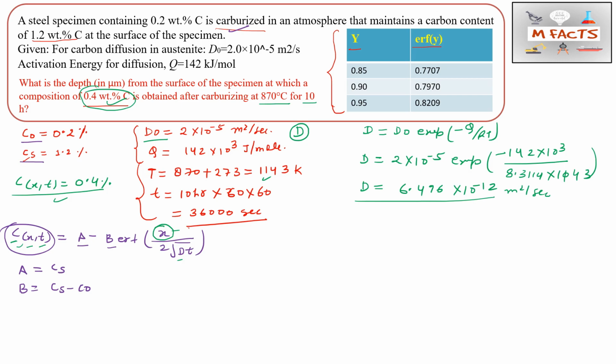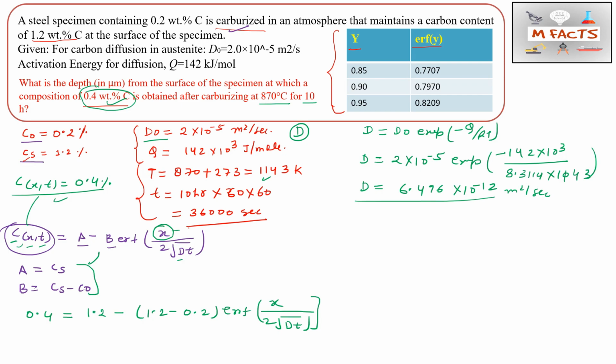Okay, now we will put all these values here, and we also know this value. So we will get an equation like this: 0.4 is equal to 1.2 minus 1.2 minus 0.2 erf of x by 2 under root of Dt. So this is the equation, and we can solve it.